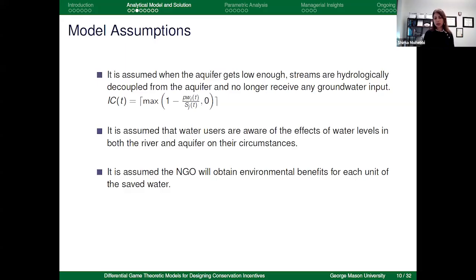And we worked closely with our hydrologist collaborator to define the simplified indicator function, as you can see here. And we also assume that water users are aware of the effects of water levels in both the river and aquifer, particularly regarding risk of droughts. It's also assumed that the NGO will obtain environmental benefit for each unit of the saved water.